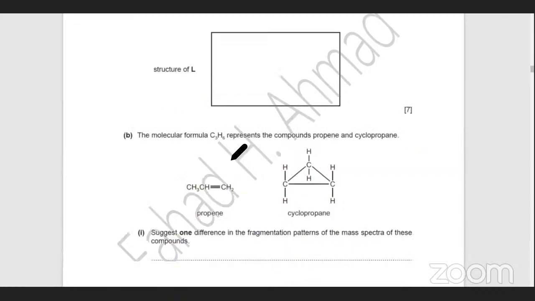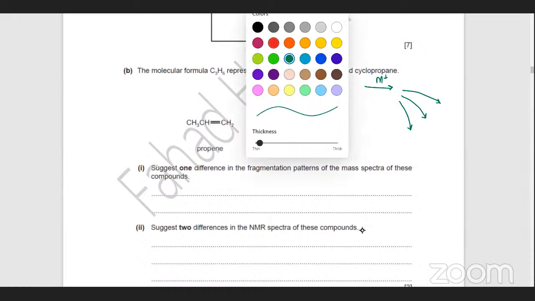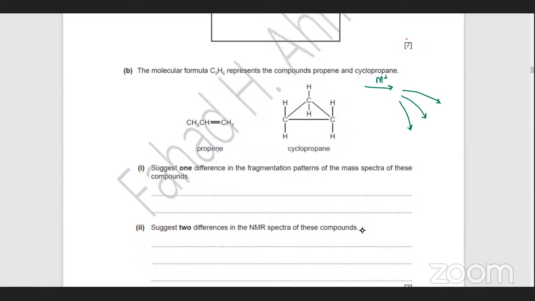I said this one: suggest one difference in the fragmentation pattern of the mass spectra. Now, what does the mass spectrometer do? It ionizes the molecule and then deflects the ions. If there are fragments, the tinier pieces get deflected more because they are lighter. So in this case, what would be the difference in the fragmentation pattern of the mass spectra of these two compounds?